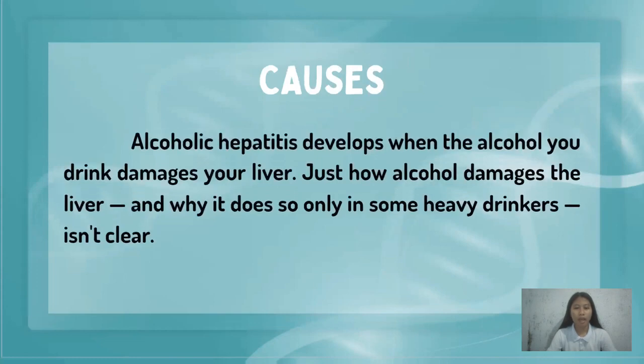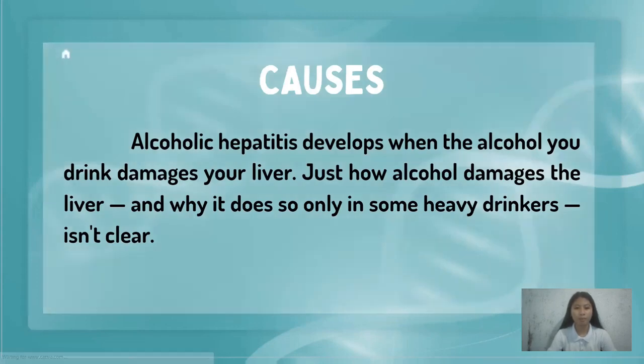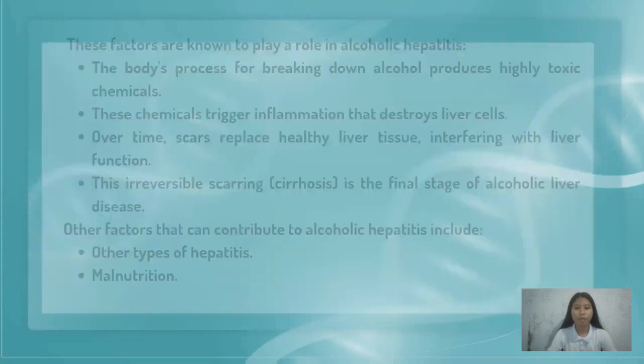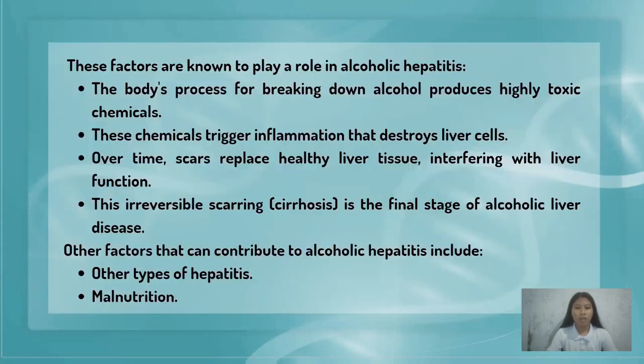Causes. Alcoholic hepatitis develops when the alcohol you drink damages your liver. Just how alcohol damages the liver, and why it does so only in some heavy drinkers, isn't clear. Other factors that can contribute to alcoholic hepatitis include other types of hepatitis.